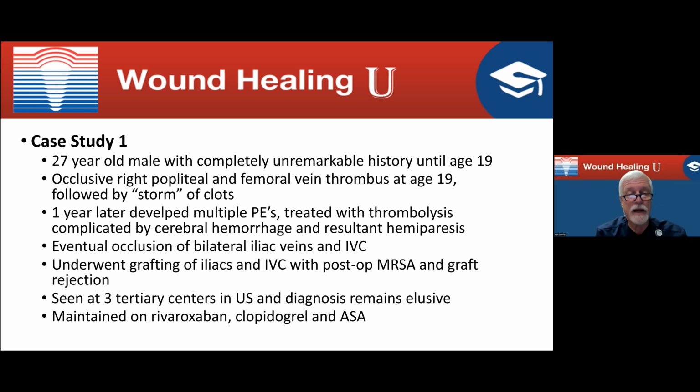He was anticoagulated at that time. A year later, he developed multiple pulmonary emboli, was treated with thrombolysis, which then was complicated by a cerebral hemorrhage and a resultant hemiparetic stroke.